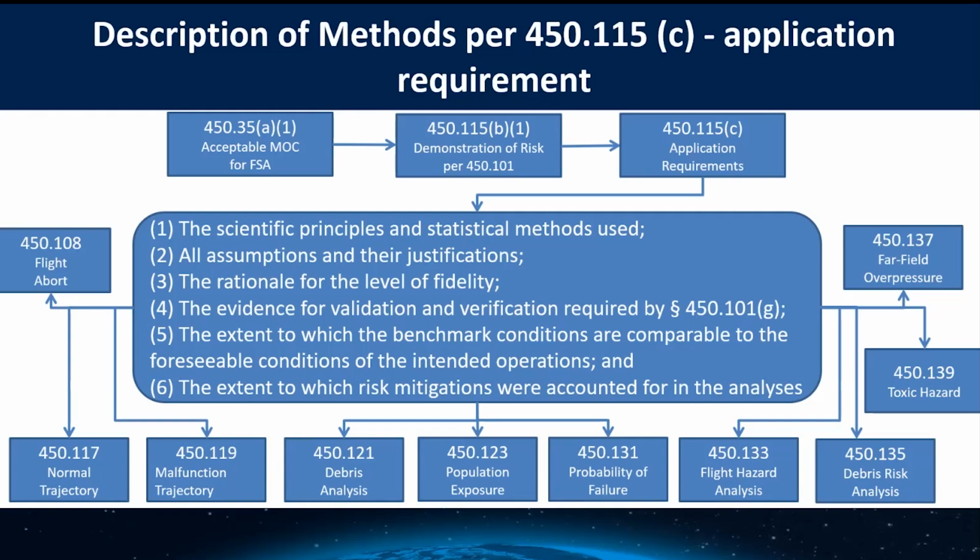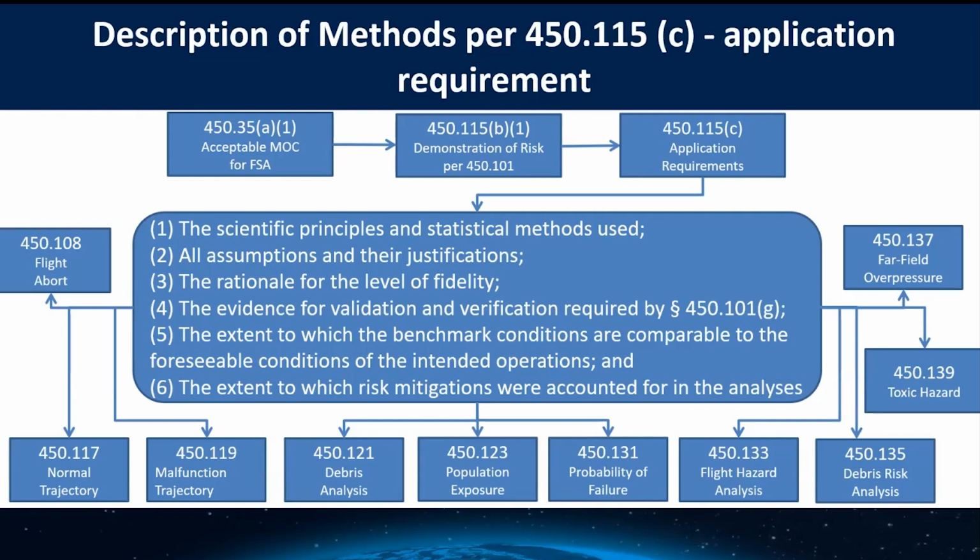It requires an applicant to submit a description of the flight safety methodology, including identification of scientific principles and statistical methods, all assumptions and their justifications, the rationale for the level of fidelity, and the evidence for validation and verification required by 450.101G, the extent of any benchmarks performed, and the extent that risk mitigations were accounted for in the analysis.